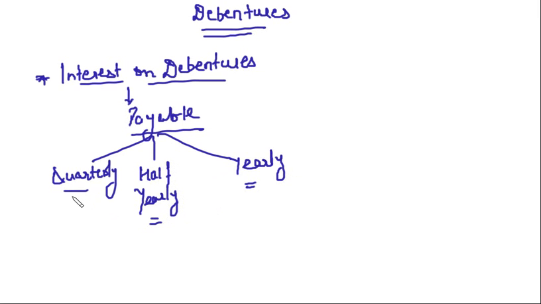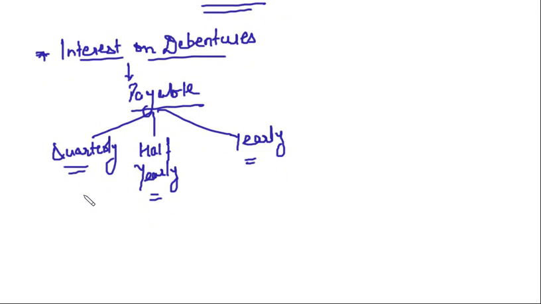Mostly it is these three cases how the interest is payable, either quarterly or half yearly or yearly. It can be in any other way as per the terms and conditions set. It can be monthly, it can be weekly, anything. Normally it is either quarterly, half yearly and yearly. Clear?